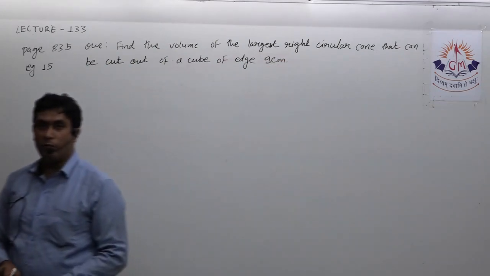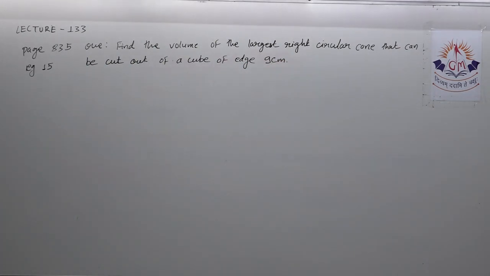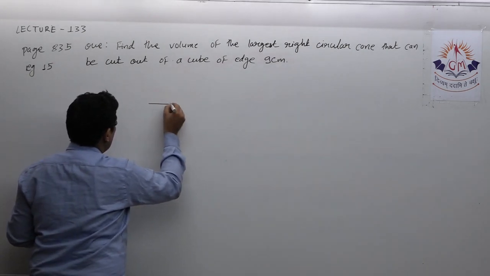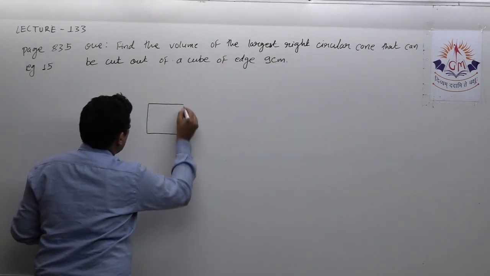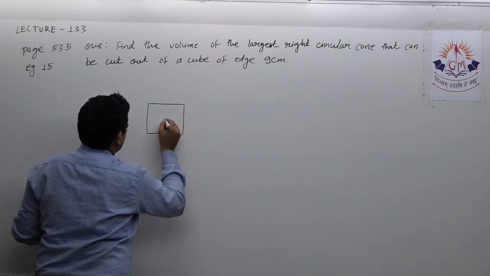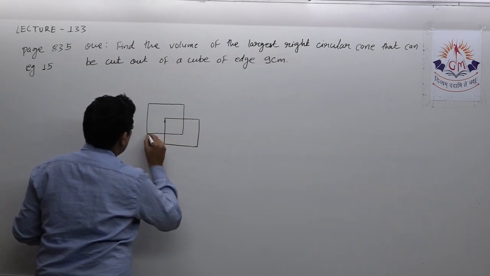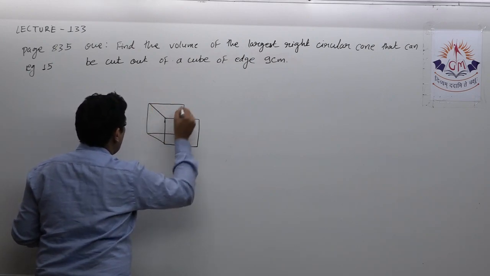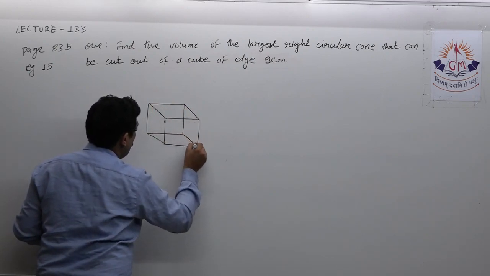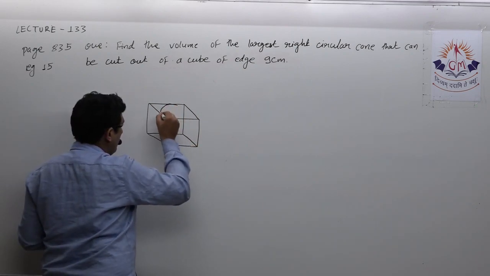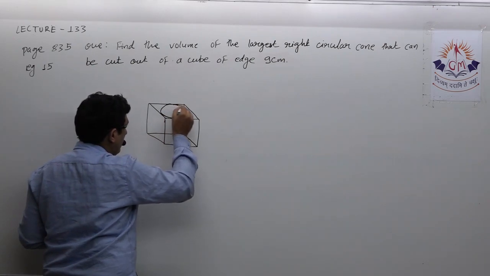Okay, so we have to find the volume of a cone that can be cut out from a cube. Suppose this is the cube. For the cone to be the largest, its circumference, that means the circular part, should touch all the four sides of the top of the cube.